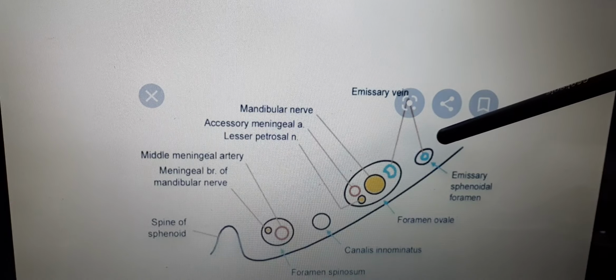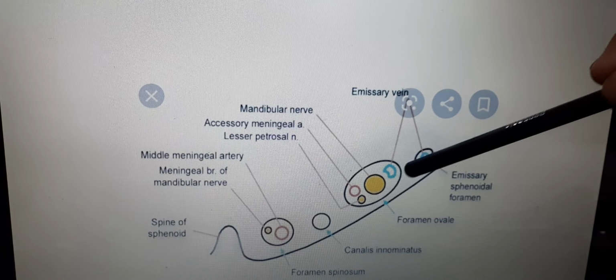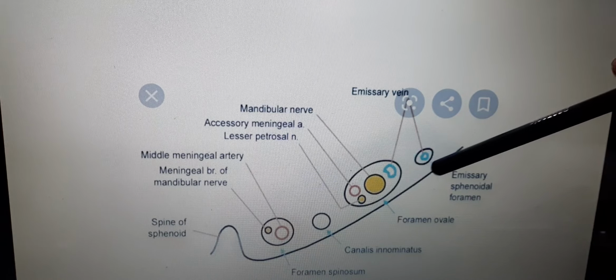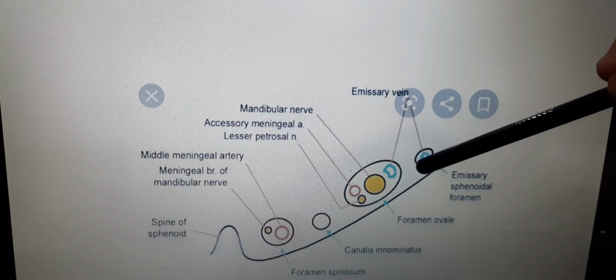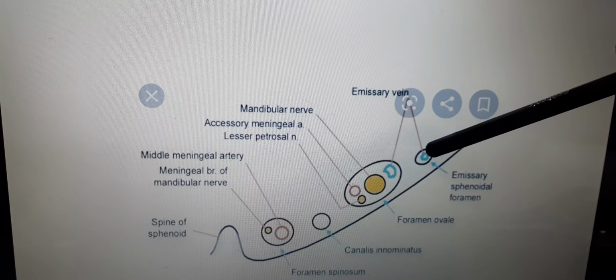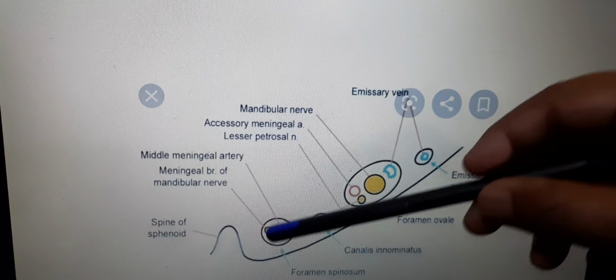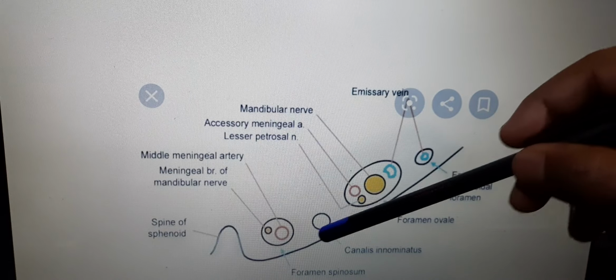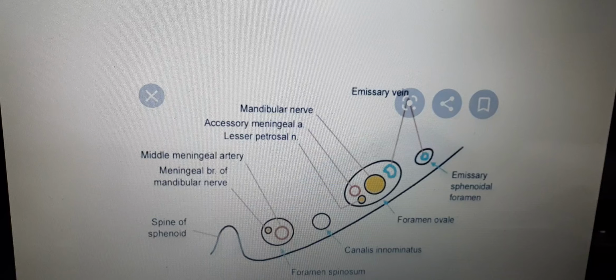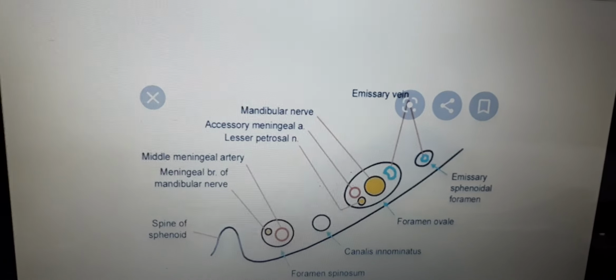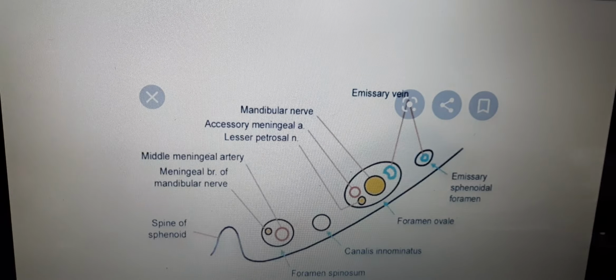The second foramen, which is also sometimes present just medial to the foramen ovale, is known as the emissary sphenoidal foramen. Emissary veins pass through this foramen. So besides these two foramina, we can also get these two foramina. So this is all of the structures present in the middle part of the norma basalis.